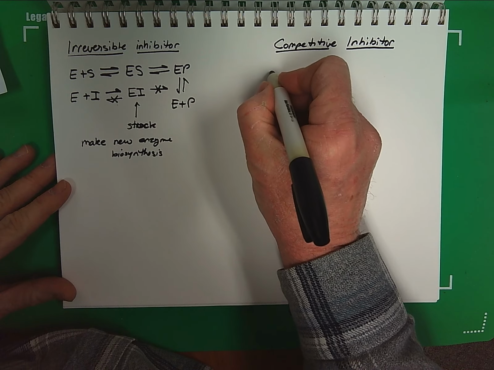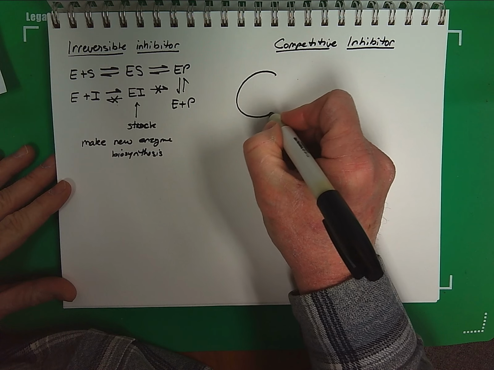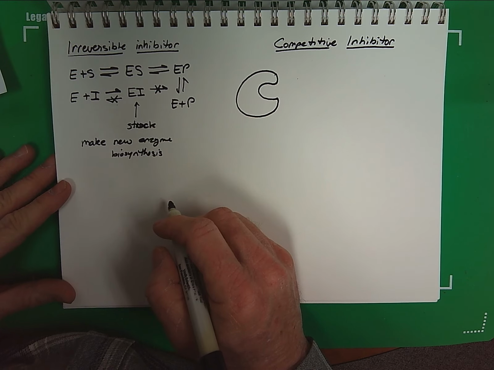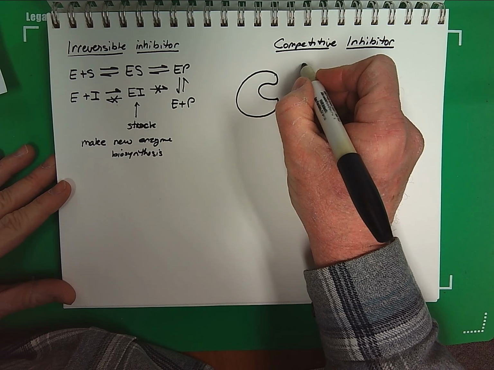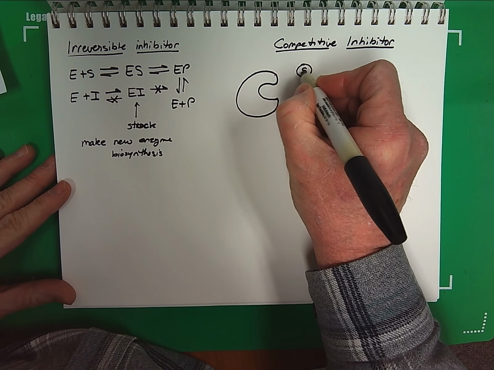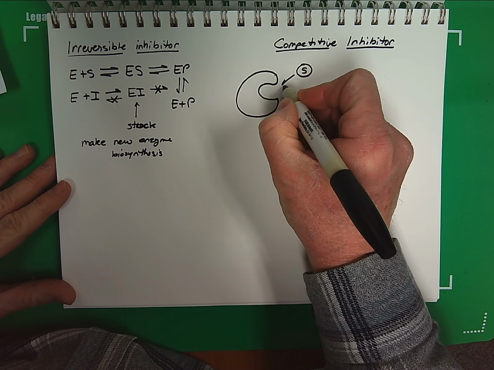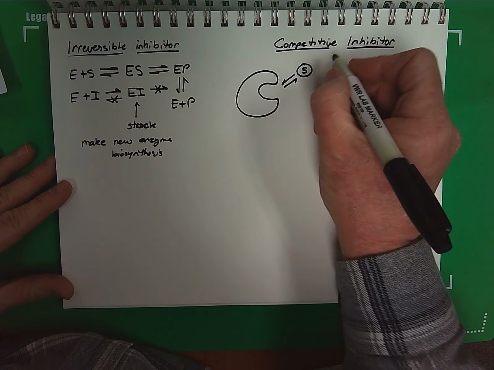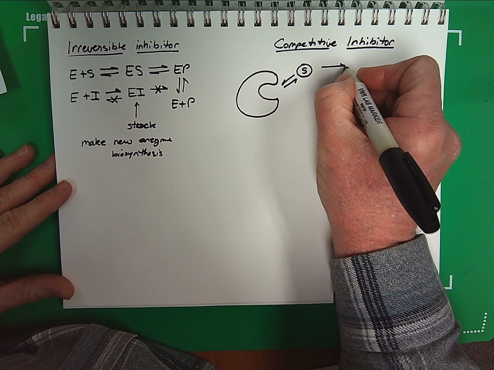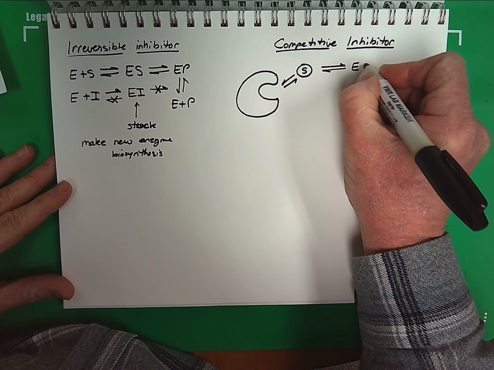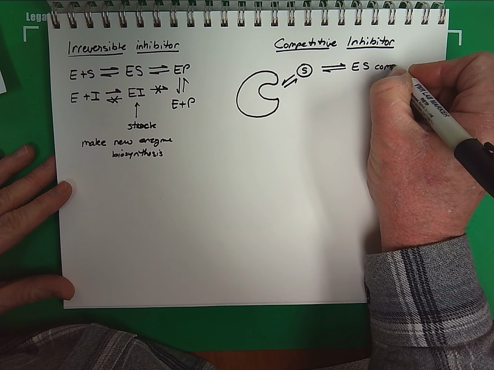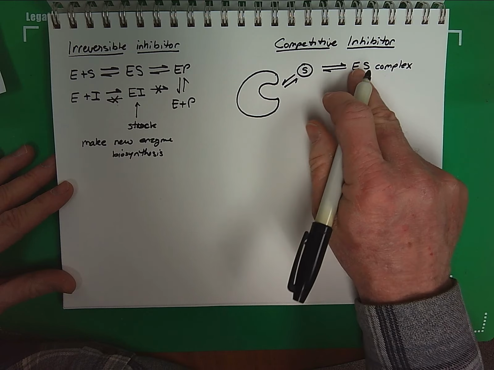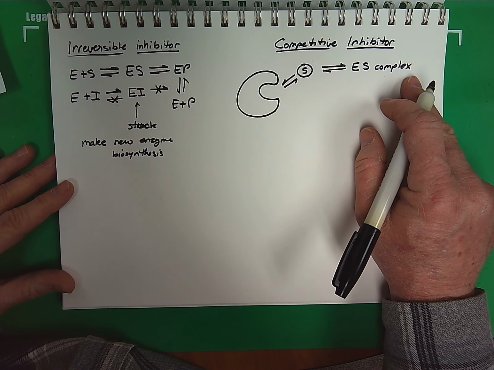If we have an enzyme with an active site, we typically have a substrate, of course, that will fit into this active site reversibly. And in doing so, we are going to form an enzyme substrate complex. This, of course, will go on to form enzyme product.